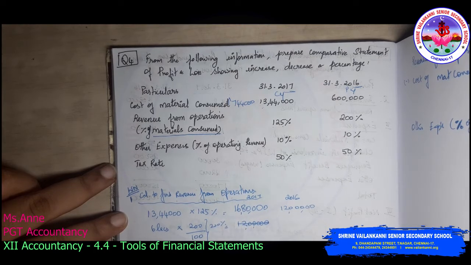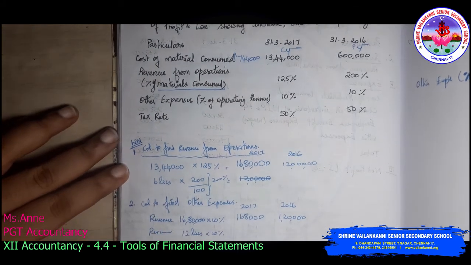So 2017 it is 16,80,000 into 10 percentage, that is 1,68,000. For 2016 it is 12 lakhs into 10 percentage, 1,20,000. So we are going to show like this.